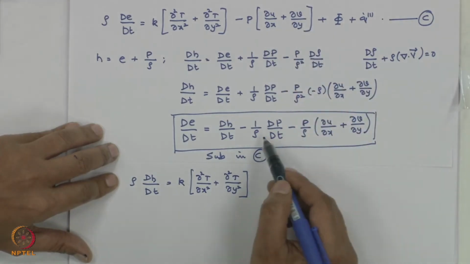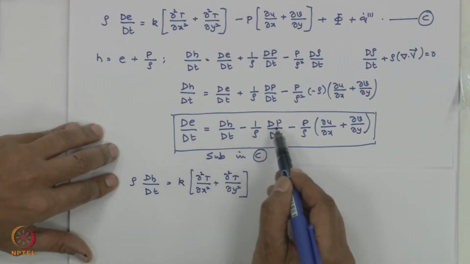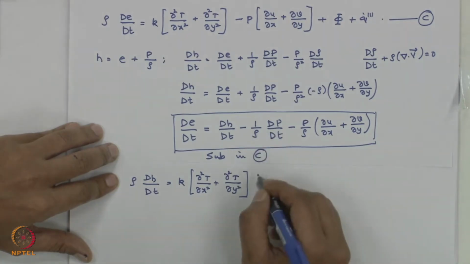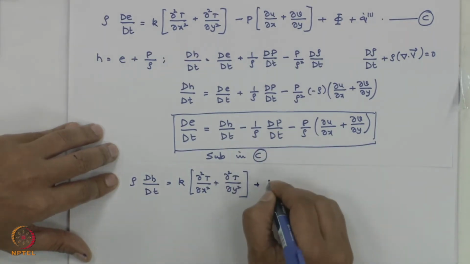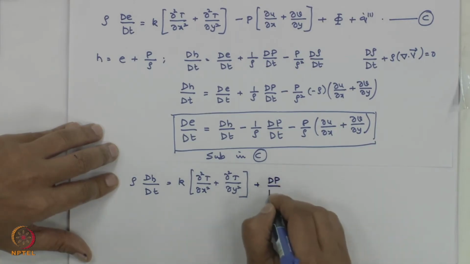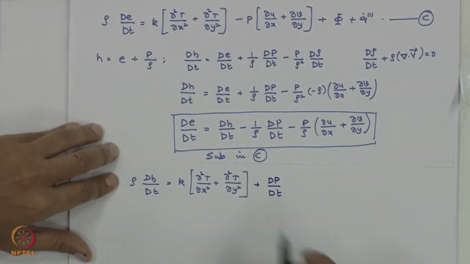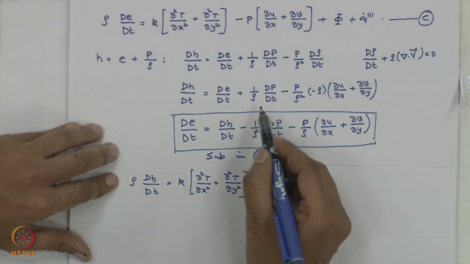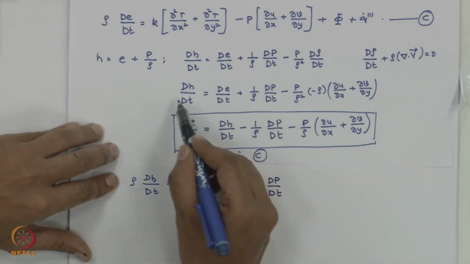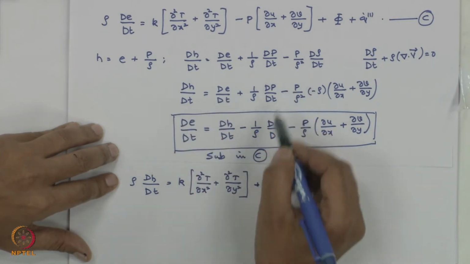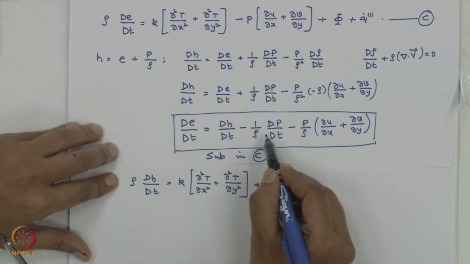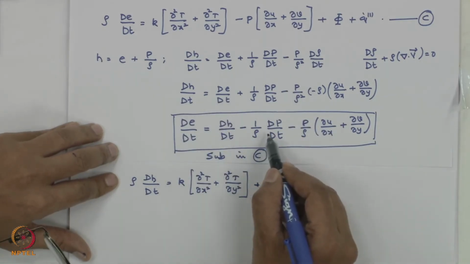Okay, so I will be left with only plus this, plus dP by dt. Now here there is a mistake. This dE by dt is equal to dH by dt plus, this is minus 1 by rho dP by dt.